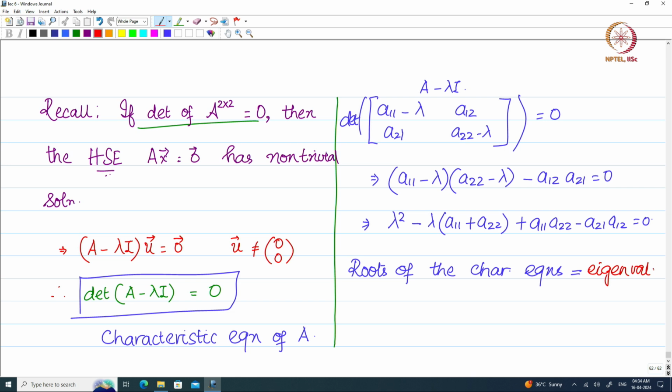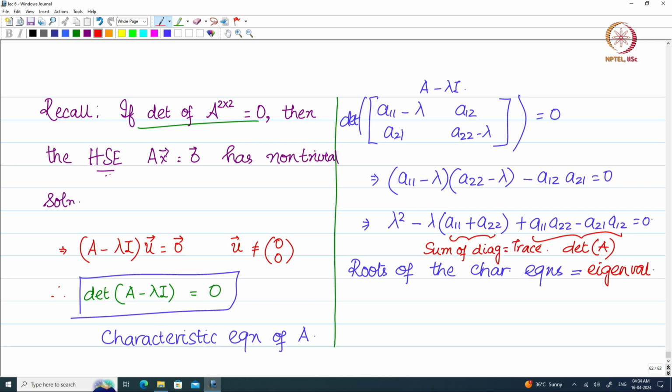It is interesting to see that if you have a quadratic equation, the coefficient of lambda is basically the sum of roots, and the constant term is going to be the product of roots. In this case, the constant term corresponds to the determinant of A, and this corresponds to the sum of diagonal elements, which is called the trace.